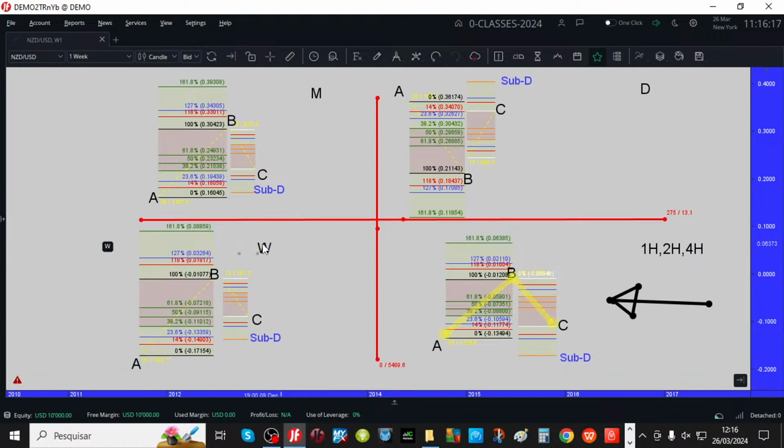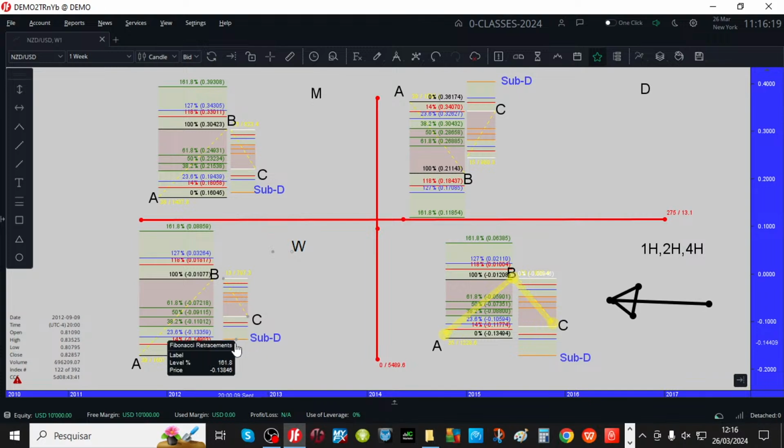Weekly chart, sub D extension is still inside the AB boundary, so this C is also not confirmed. So if you buy, then you have a 50-50 percent chance.